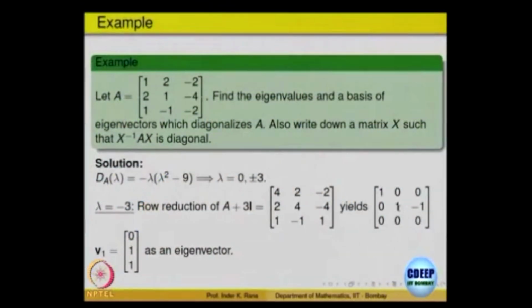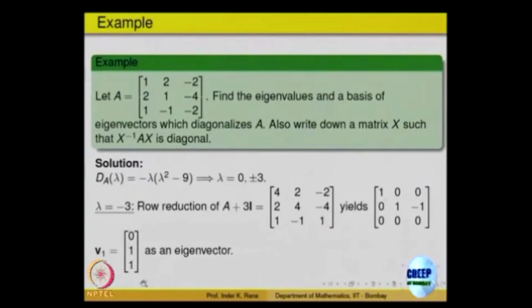So how do you find that? You will find it from here, right. X2 minus X3 is equal to 0, so X2 is equal to X3. You can give any value you like for the variable which does not have a pivot. And X1, the first one, X1 is equal to 0.